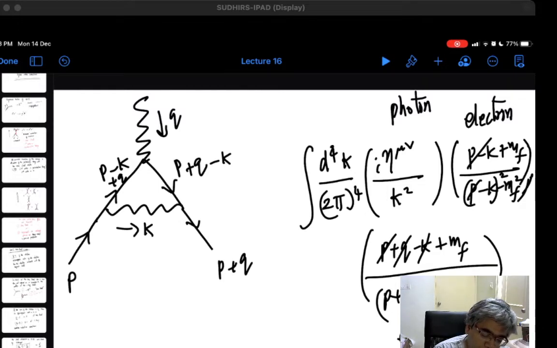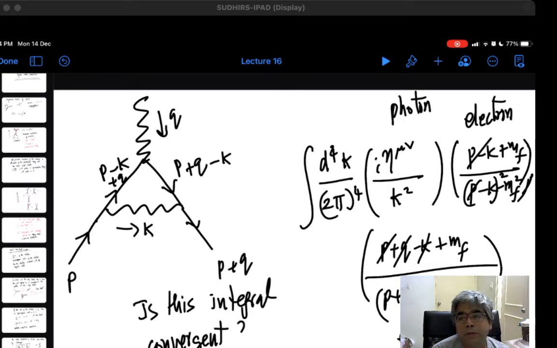Is this integral convergent? That's the question you have. If it's not convergent, then you have problems: you have to get rid of these divergent terms in your theory essentially.